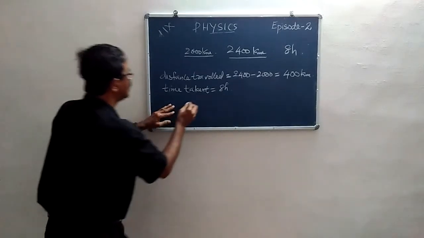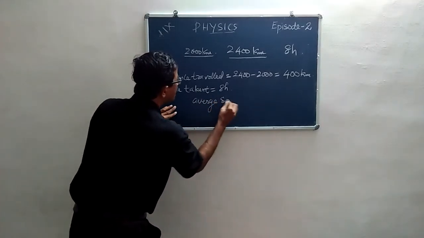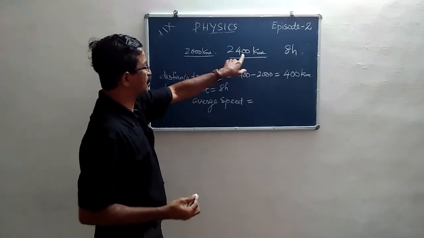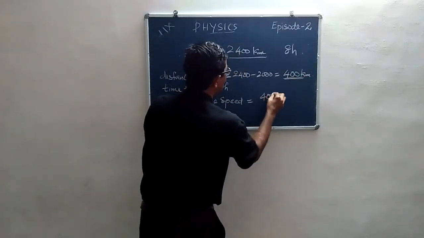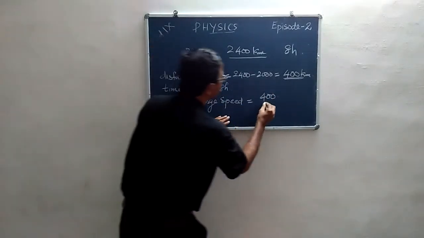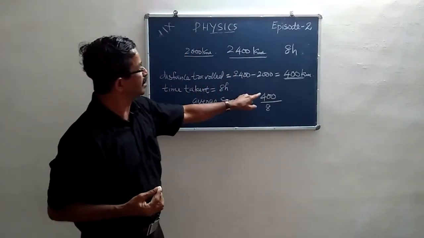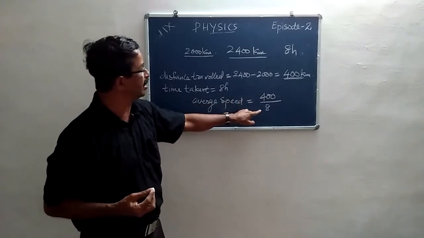Now we know what average speed is. Average speed is equal to total distance, that is 400 kilometer, divided by total time taken, that is 8.